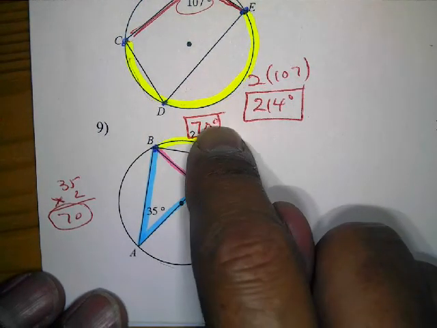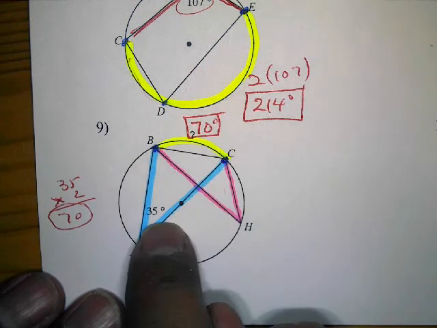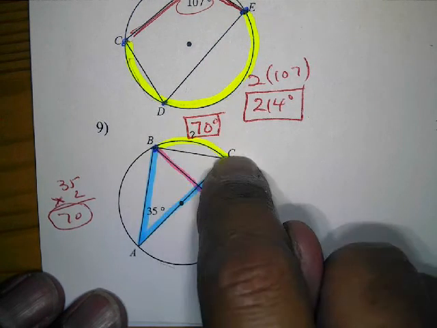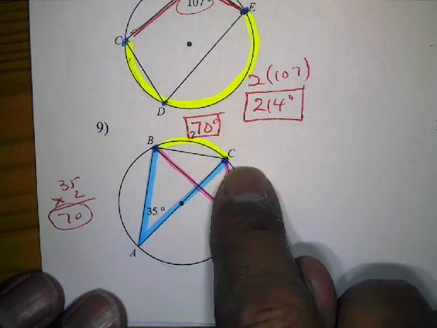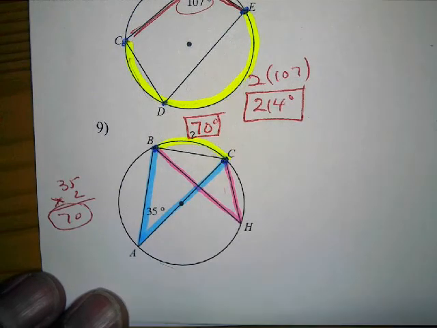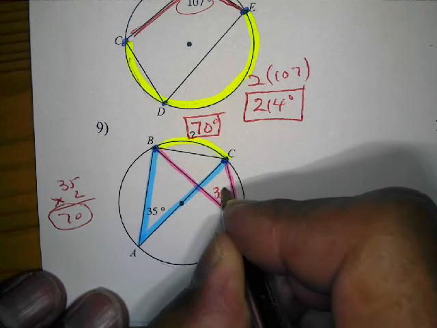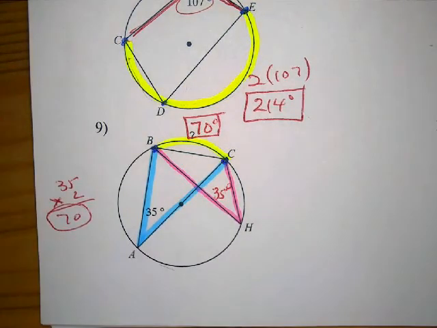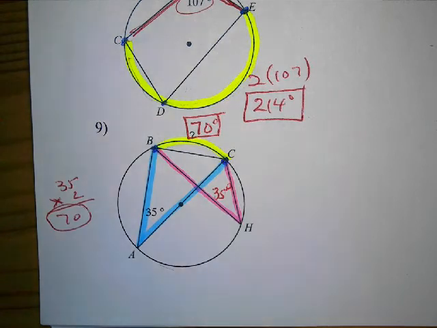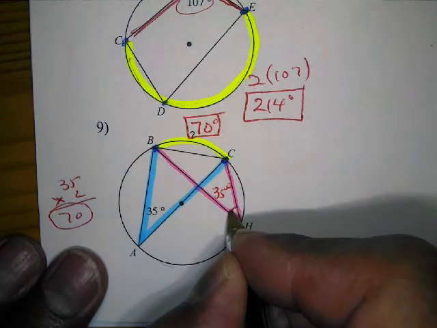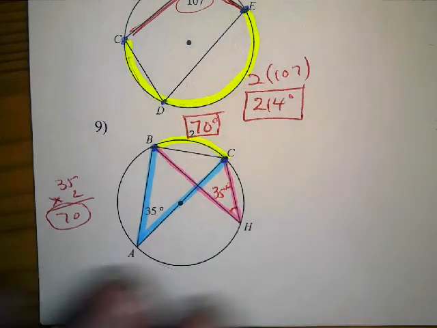The blue lines are making that arc, and so are these pink lines making that 70 degrees. Well, if this one is 70 and you take half, 35, then this one would also be 35 degrees right there. Okay, that's a little tricky, right? Hopefully I didn't lose you there.